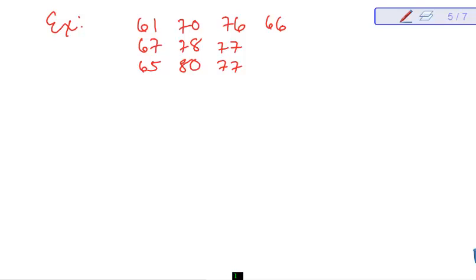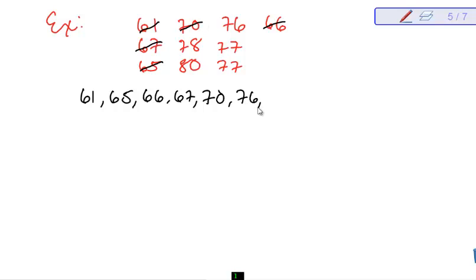So what we're first going to do is put these in order from least to greatest. 61 is my smallest number, and then 65, then 66, then 67, then I have a 70, I have 76, I have two 77s and I need to write both of them down. I have a 78 and I have an 80. So now my data is arranged in order from least to greatest.